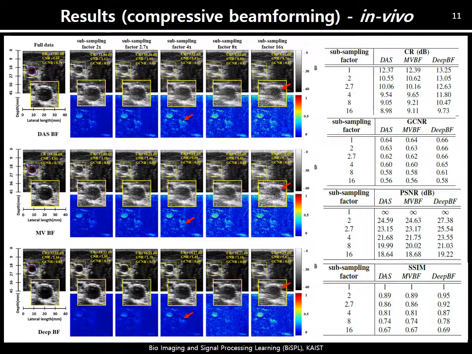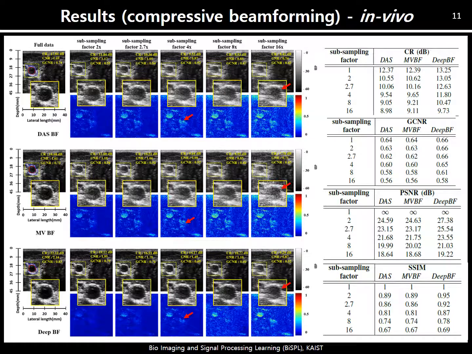This could be easily seen in the difference images as well as in the zoom region.